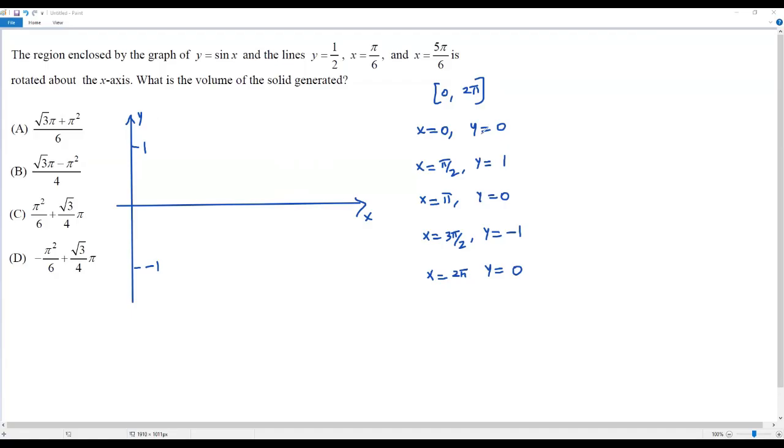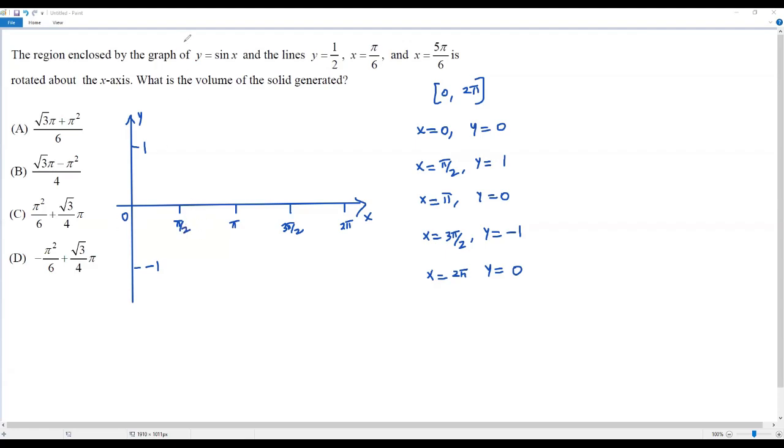Let me mark it, and also mark some other values on the x-axis. Let me take 2 pi, and let me take pi here. The exact middle of pi and 2 pi is 3 pi over 2. And between 0 and pi, the exact middle value is pi over 2.